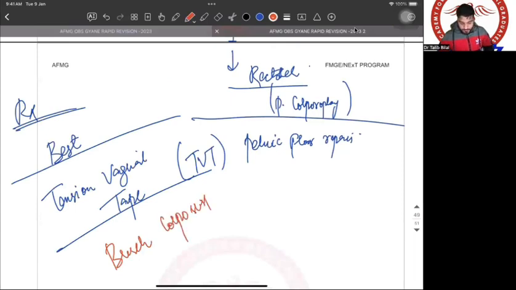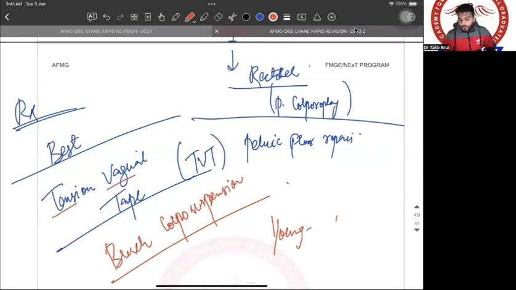Colpo suspension. I've discussed all these things in part 1 as well. Please go through them, or either go through my workbook, guys. Learn this. Okay. Then it depends upon the prolapse. If prolapse is taking place in the young woman, we go for Manchester repair or Fothergill repair. If in very nulliparous ladies, very young ladies, guys, we go with the sling surgeries.